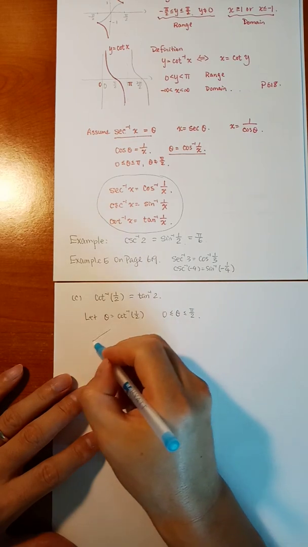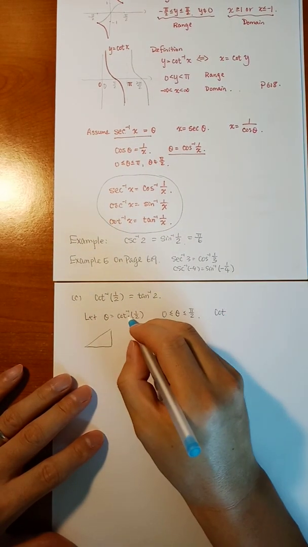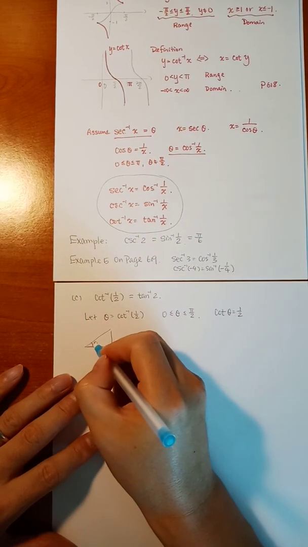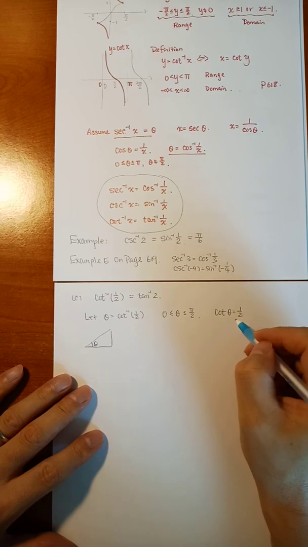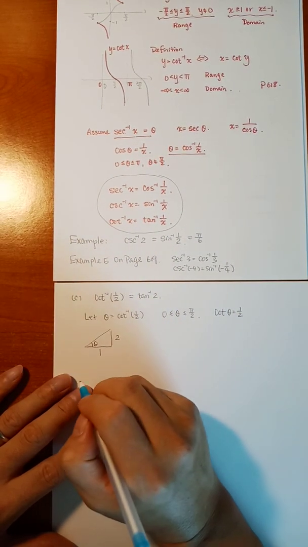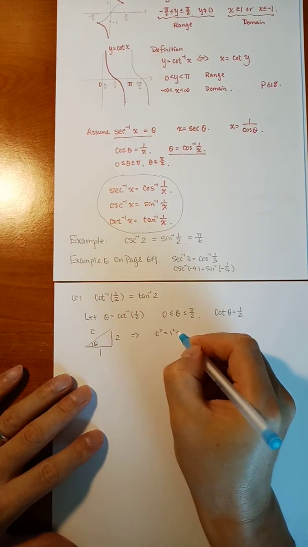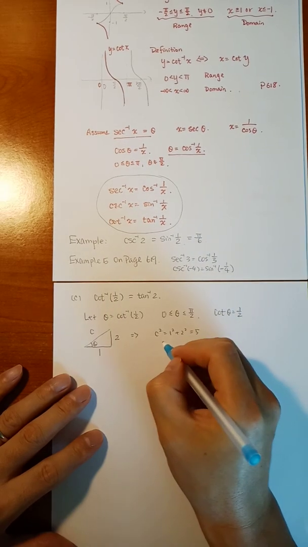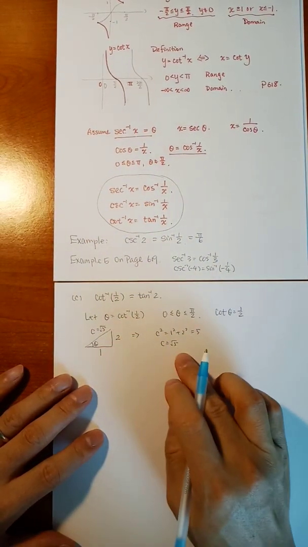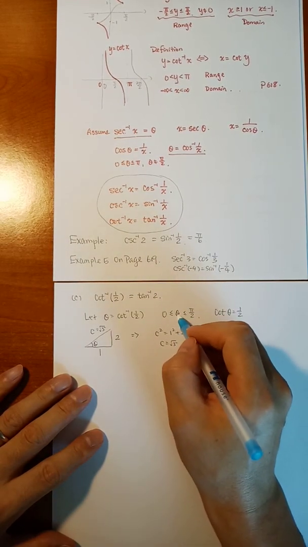So theta is cotangent inverse of 1/2, then cotangent theta is 1/2. Cotangent theta is adjacent over opposite. Adjacent is 1, opposite is 2. So the hypotenuse is square root of 5. And remember, this is in the first quadrant, it's an acute angle.